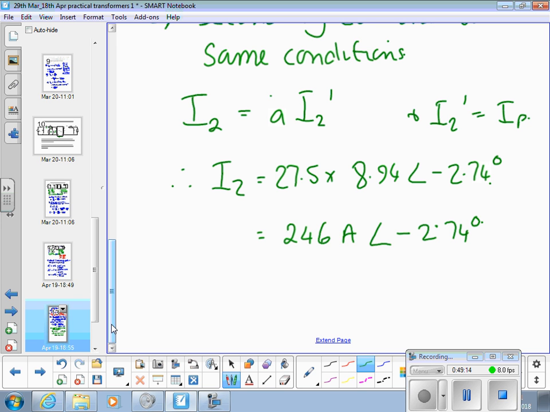So the nominal secondary current is 250 amps. Because of the losses, we're losing about 4 amps. Yep. Well, the losses in both sides. Yep. Okay.